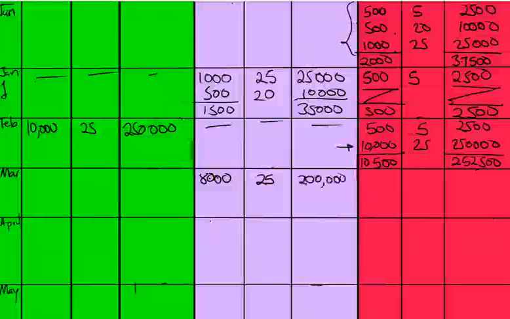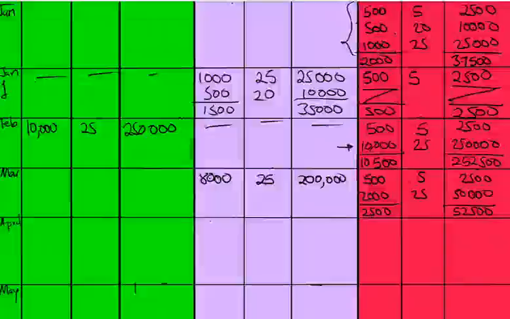That means in our balance, we're going to have the 500, which is costing 2,500, and we're going to have 2,000 there, costing at 25, with a value of 50,000. Together being 52,500. That's in March. Let's continue.